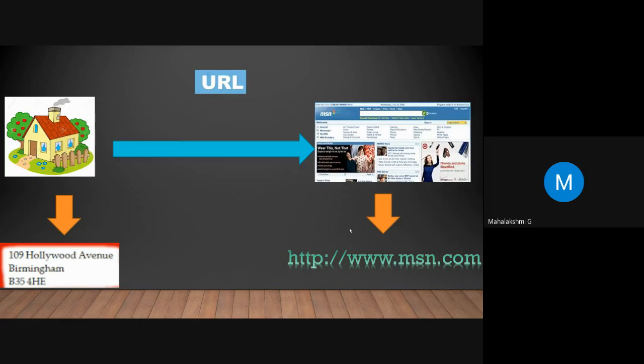Using this, we can send or receive messages. Therefore, a client that wants to access a web page needs the address. The uniform resource locator is a standard for specifying any kind of information on the internet. To facilitate the access of documents distributed throughout the world, HTTP uses locators.